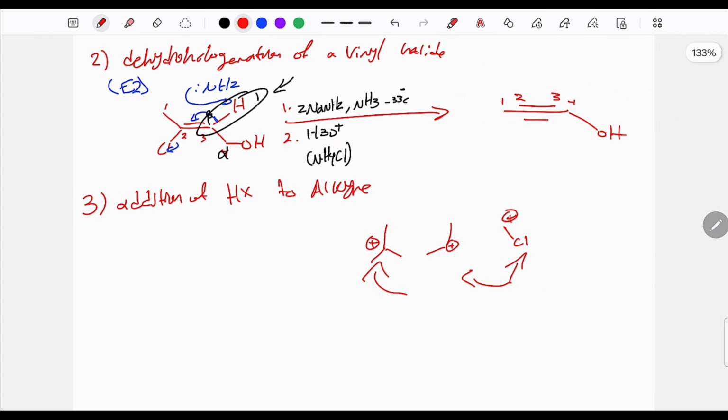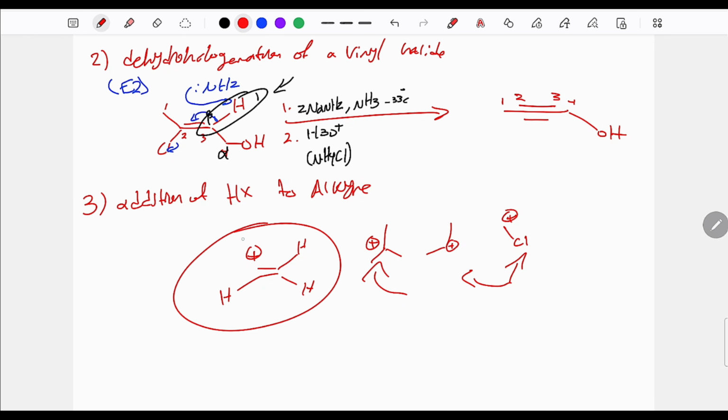If you remember, I said anything that is bound directly to an alkene double bond is called a vinyl. So we could have what we call a vinylic carbocation, okay? This right here is a vinylic carbocation.